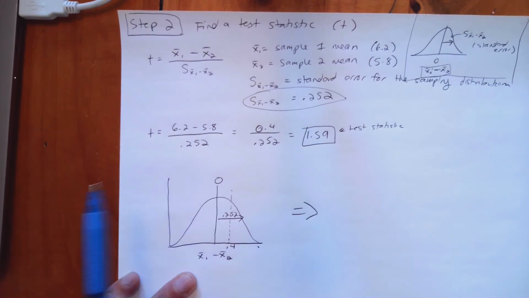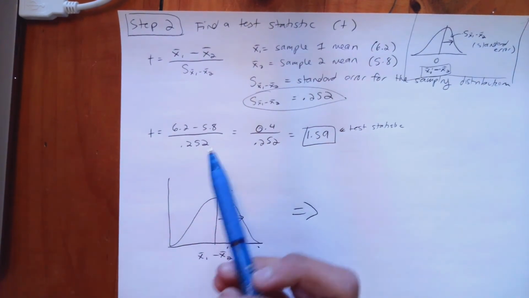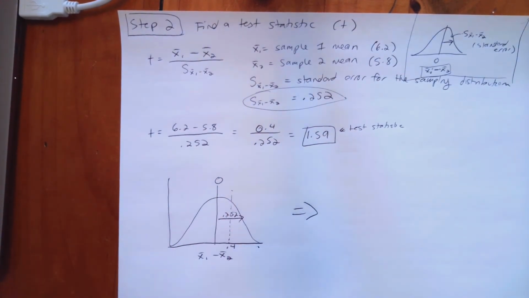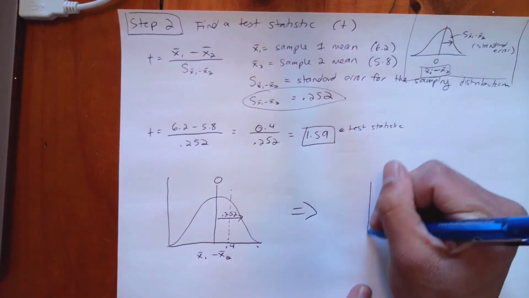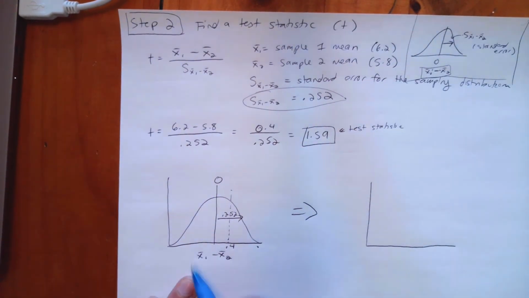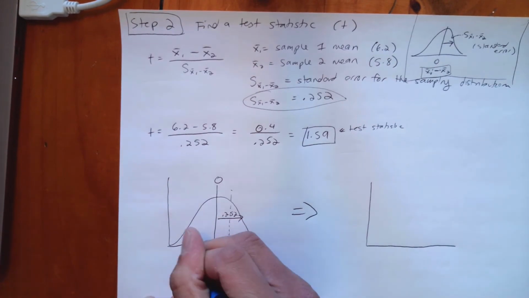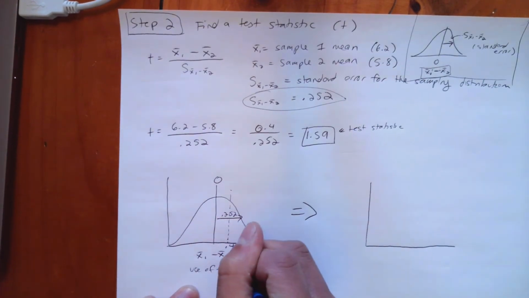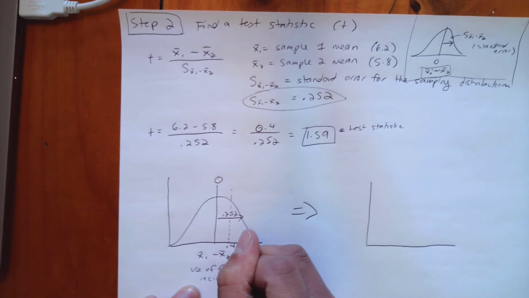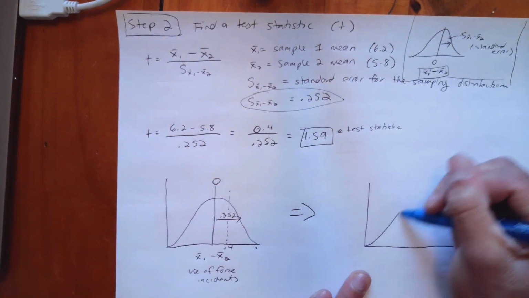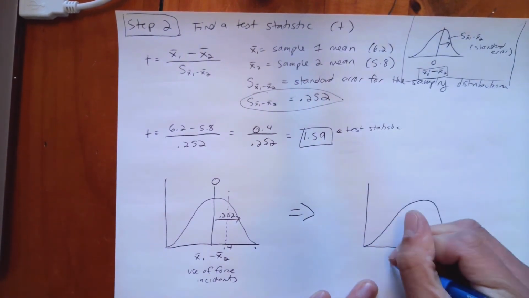Once we find a test statistic, we are standardizing everything, just like when you find a z-score or find a t-statistic elsewhere. So now, instead of having this distribution where we're counting use of force incidents, we're changing everything to t-statistics.